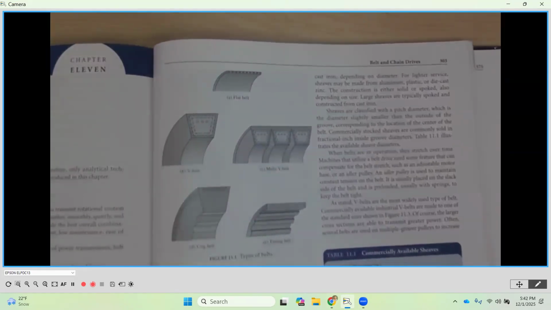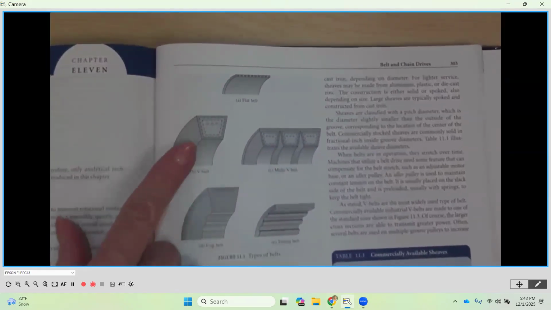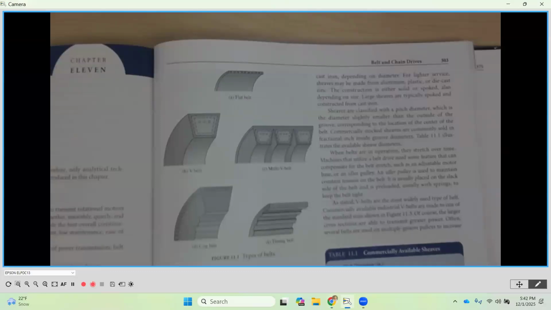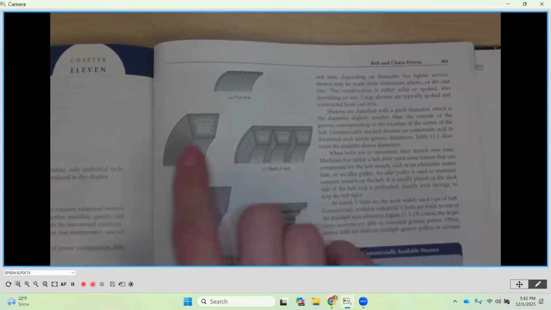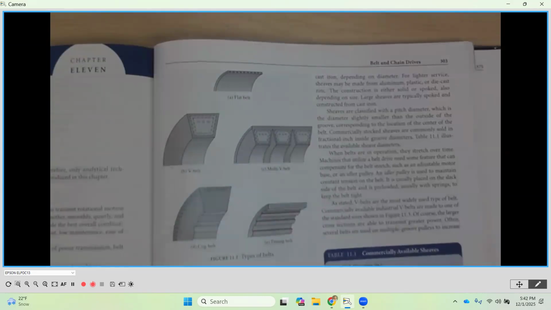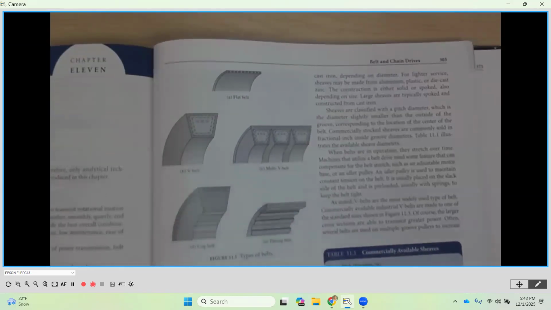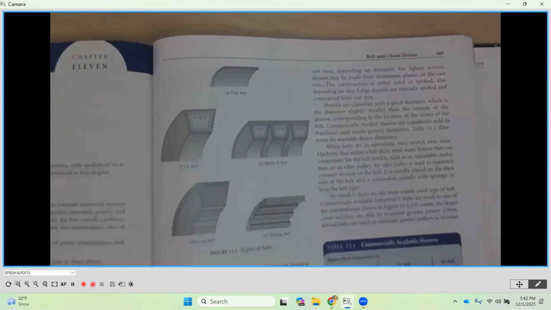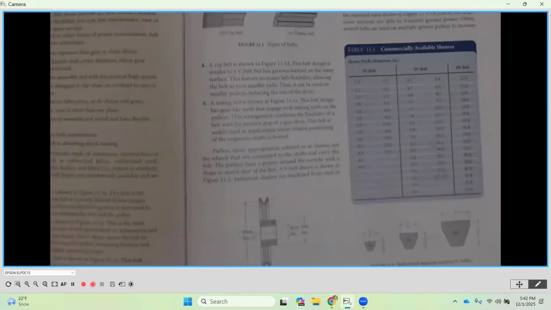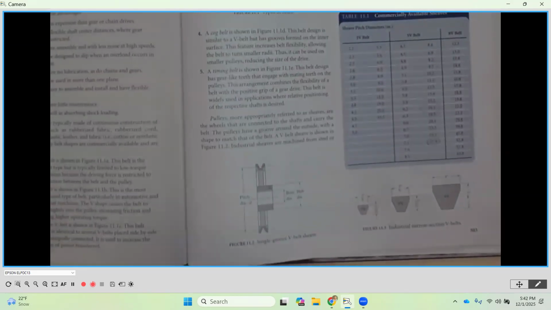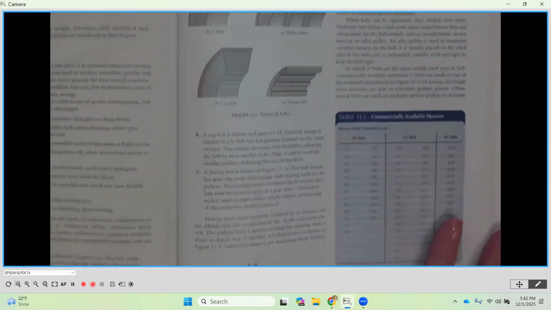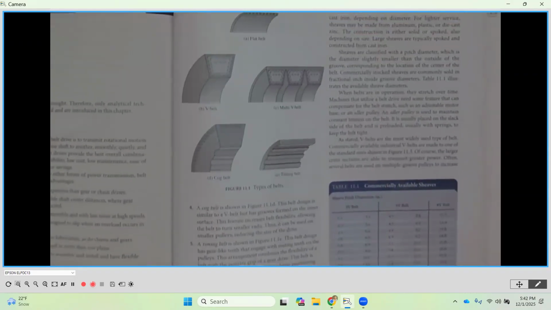And the V belt gets its name by, if you can see its cross section here, a V shape, okay? It is going to sit down into what we call a sheave, and it is going to have a matching V cross section as well, and we can see that down here. Now, I happen to have some belts here in the room, and I'm going to do my best to put them underneath our camera.